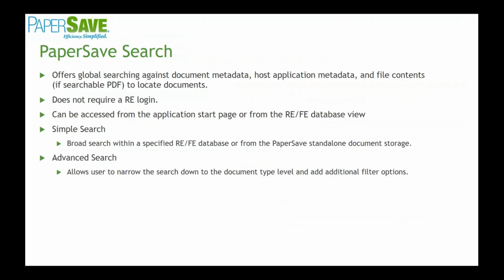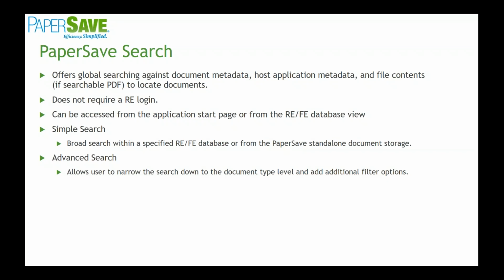And then outside of PaperSave, outside of Razor's Edge or Financial Edge, we also offer PaperSave Search. This allows you to search against all of your documents in your database, whether it's against record metadata. That means you can search against information that comes directly from Razor's Edge or Financial Edge. You can search against your profile fields.